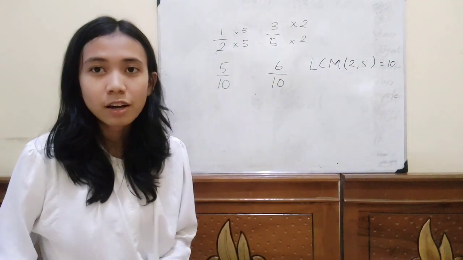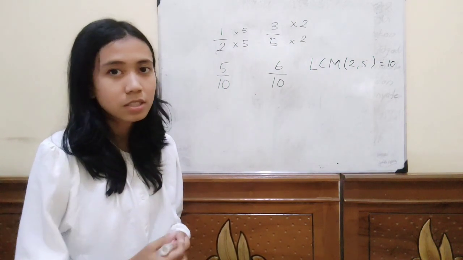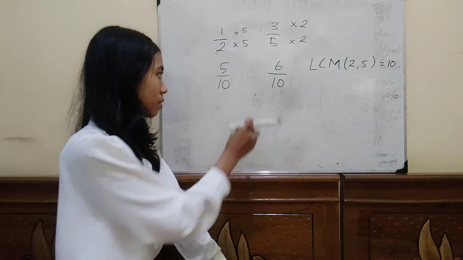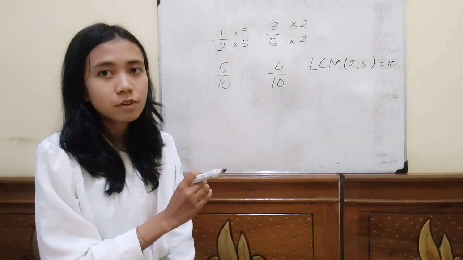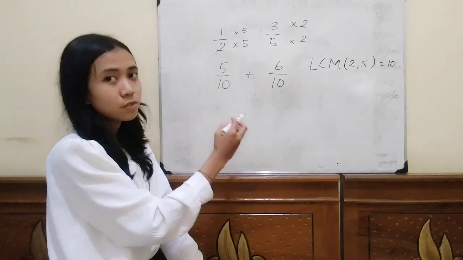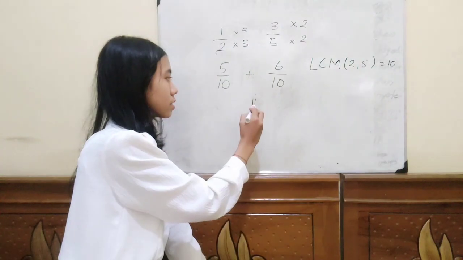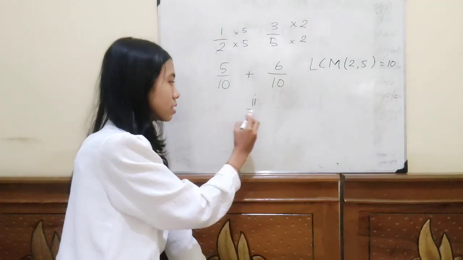Step 2. Add or subtract the numerators, keeping the denominator the same. For the example, it is adding, so we get 5 plus 6 is 11, and we keep the denominator.